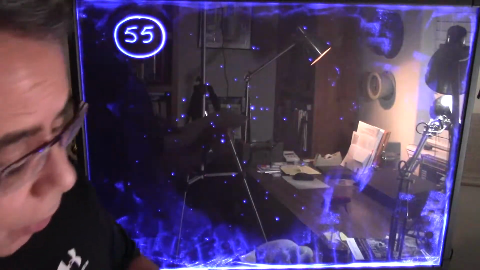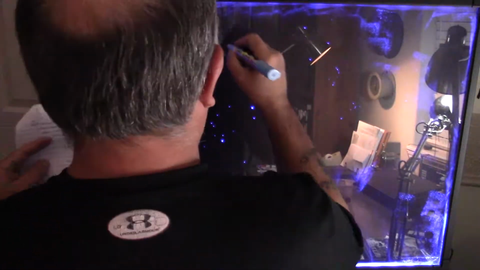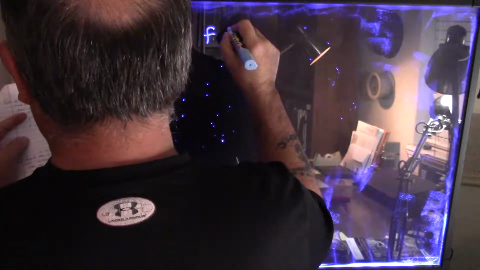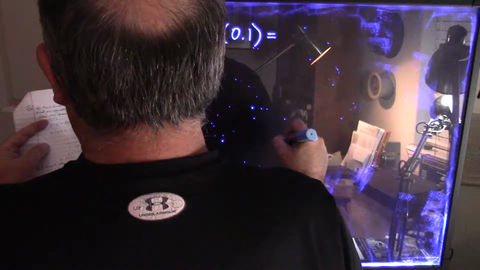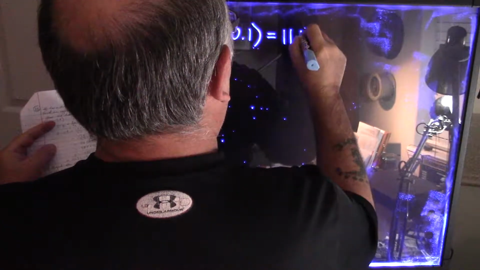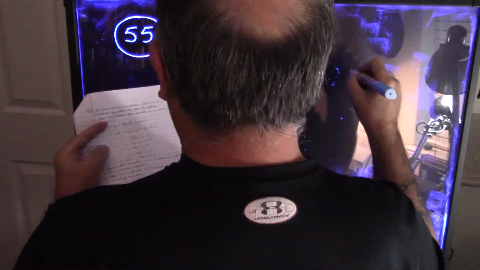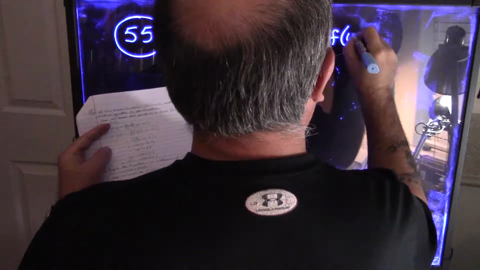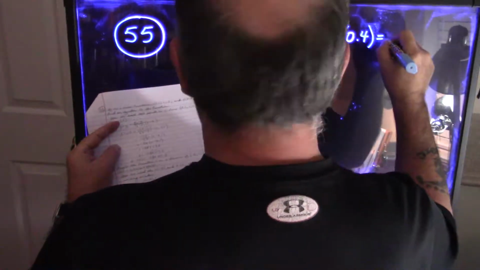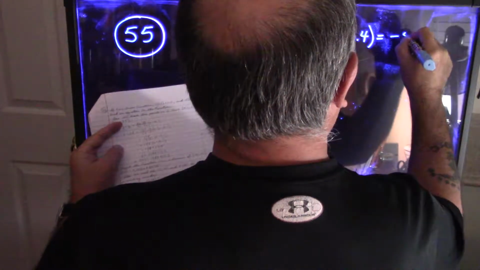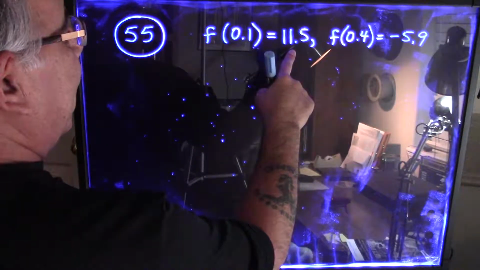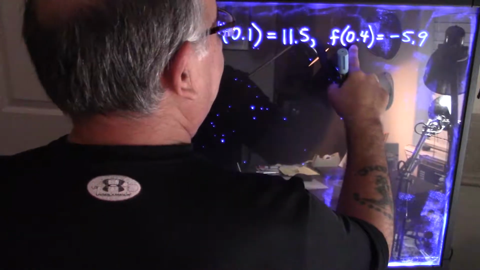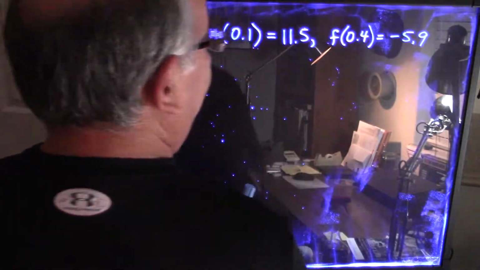So let me write those data down. f of 0.1 is equal to 11.5, and f of 0.4 equals negative 5.9. So in other words, when x equals 0.1, y equals 11.5, and when x equals 0.4, y equals negative 5.9.